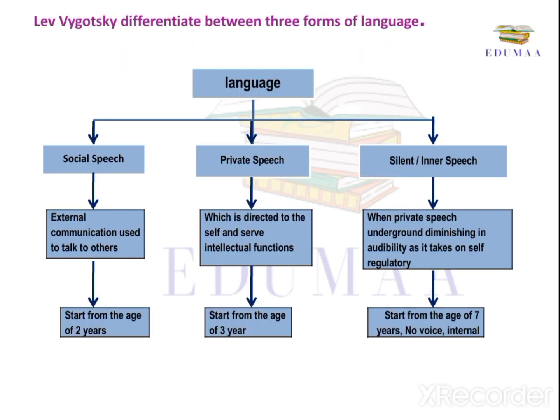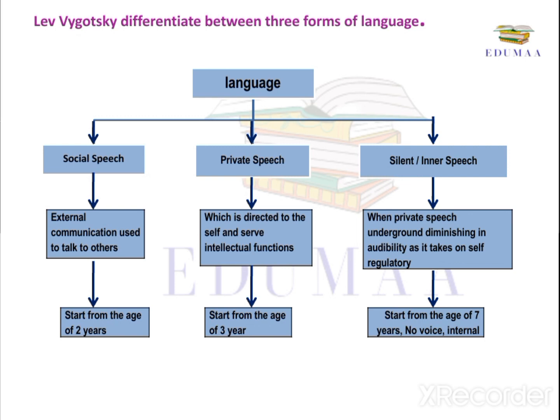Vygotsky differentiates between three forms of language. According to Vygotsky, there are three forms of language. First is social speech, second is private speech, and third is silent or inner speech. Social speech means external communication used to talk to others, and it starts from the age of 2 years.